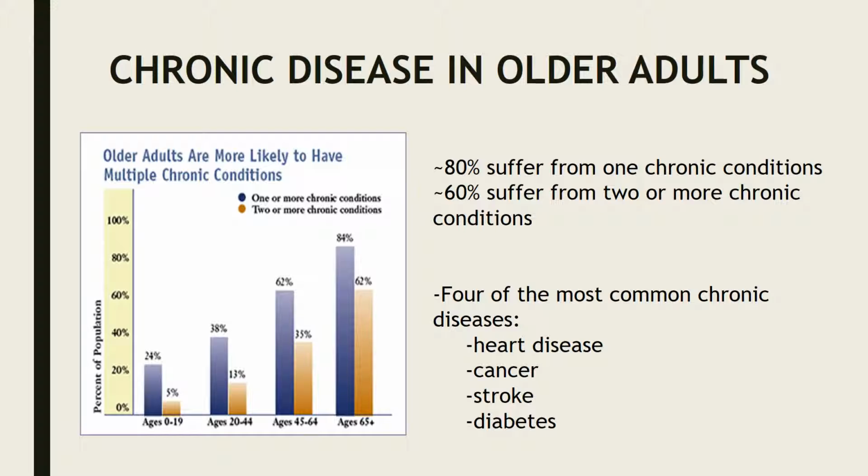The four most common chronic diseases are heart disease, cancer, stroke, and diabetes. And all of those together lead to almost two-thirds of all deaths in one year. Heart disease is the leading killer of older adults, accounting for over 480,000 deaths in 2014.